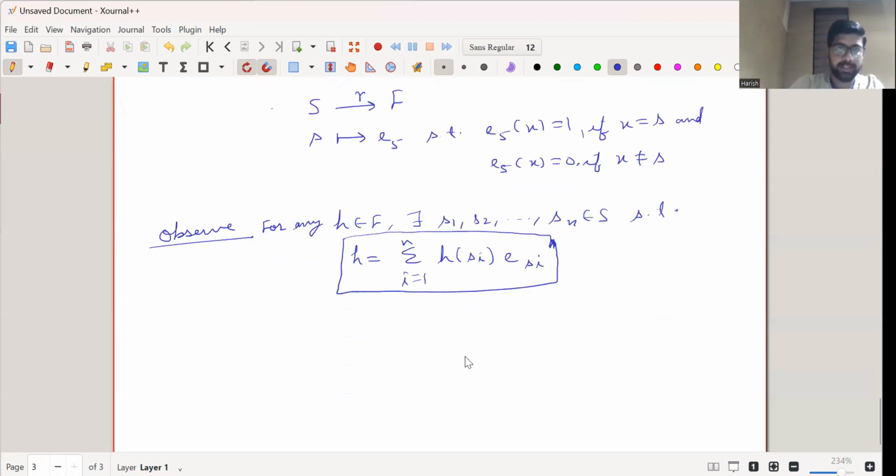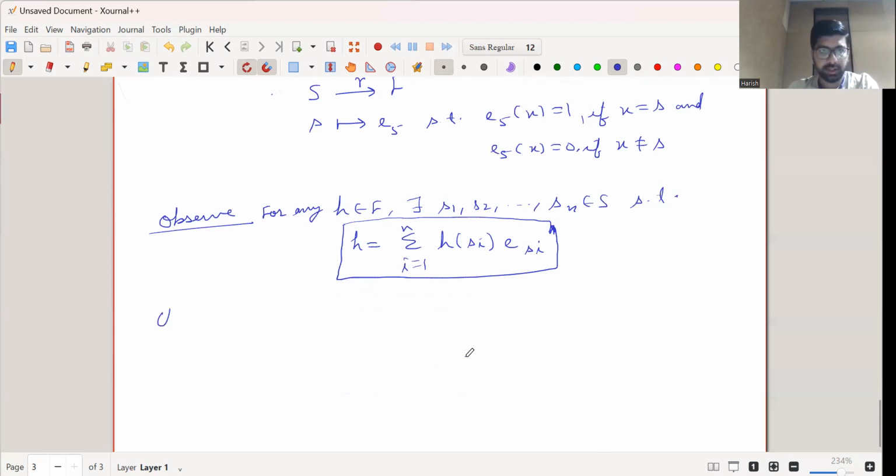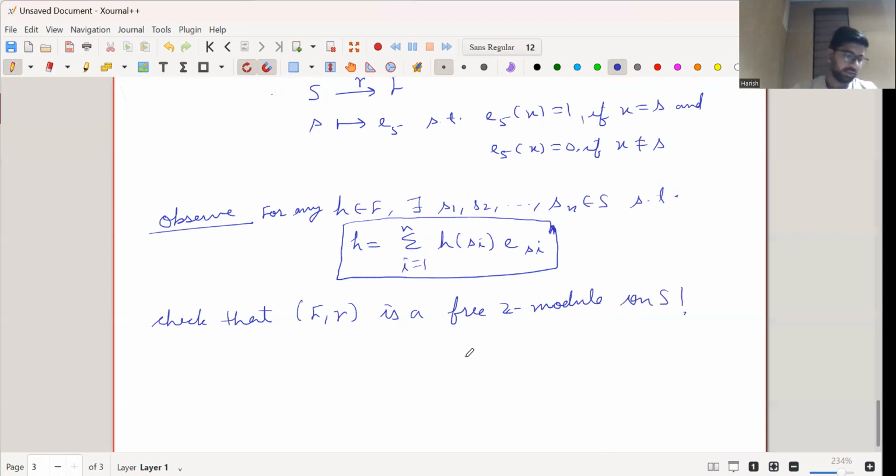So clearly, check that this F with the map gamma is a free Z module on S.